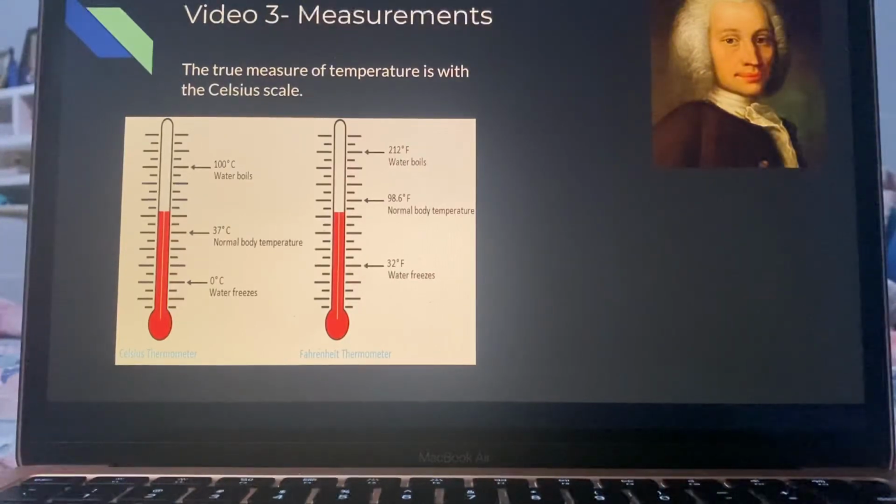I believe that the US and other small countries are the only ones that actually use Fahrenheit, and everywhere else in the world, Celsius is used. This is because it's just much easier to measure, and it is much clearer to see.